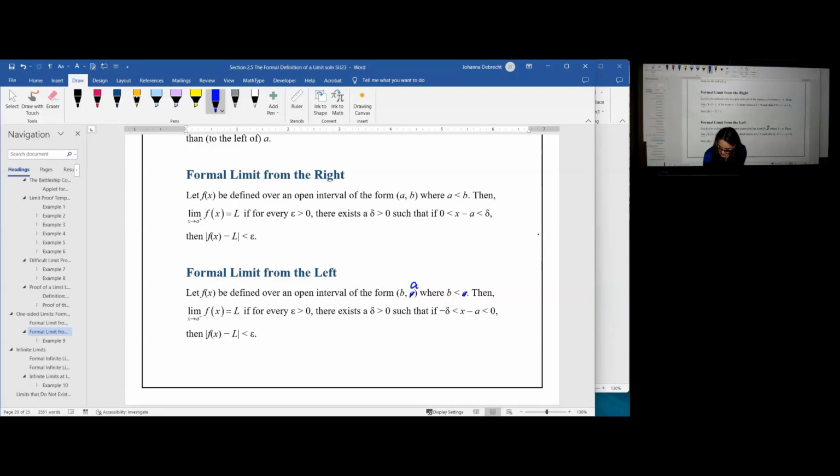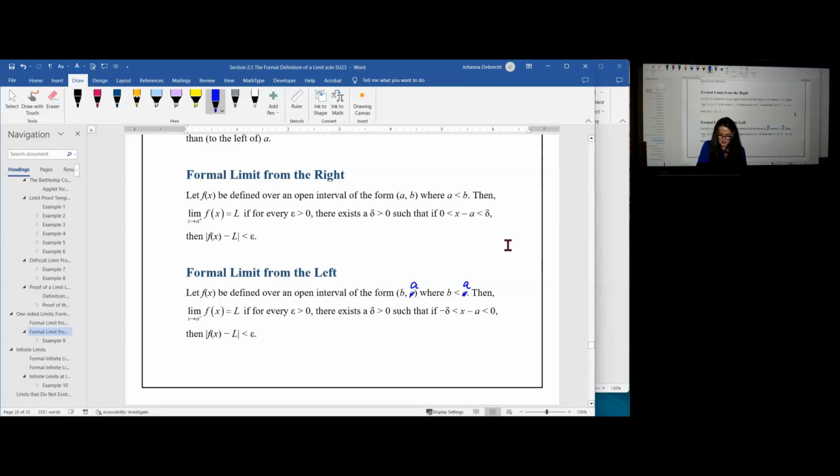All right, there we go. If for every epsilon greater than 0, there exists a delta greater than 0, such that if negative delta is less than x minus a, which is negative because x is on the left of a, then f of x minus L is less than epsilon.